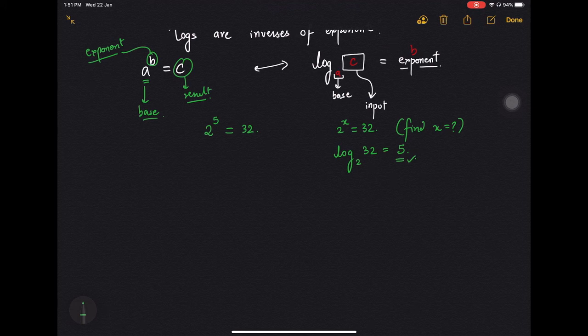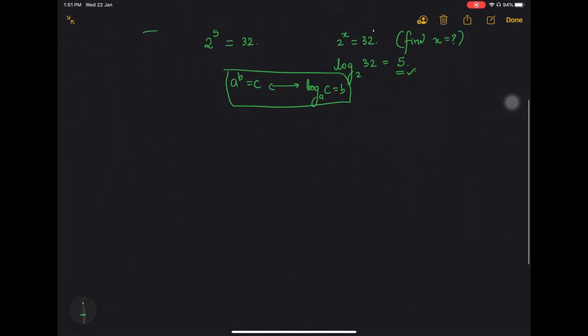So logs are inverses of exponent in a way that exponent gives you the result when base and exponent value is known, whereas logs give you the exponent value if you have the base and the result given to you. You can remember this as ABC becomes ACB. Now this is a rule that has been working for me for ages, so definitely it'll help you as well.